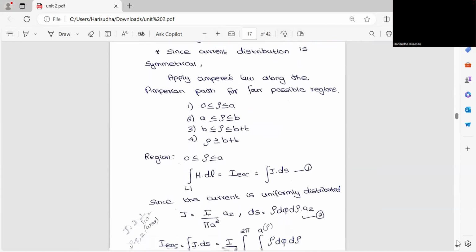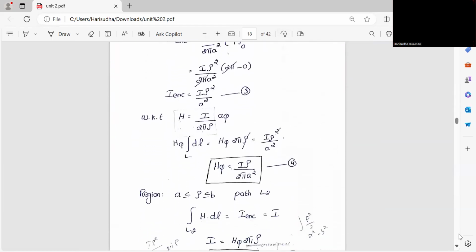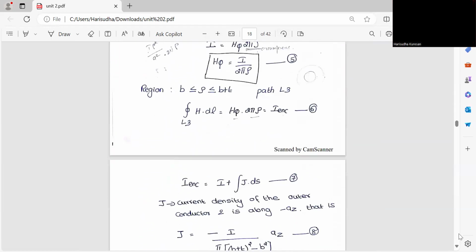Okay, now we'll see the last one. So the enclosed current for the third Amperian path will be I plus the integral of J dot dS. Why this I plus?